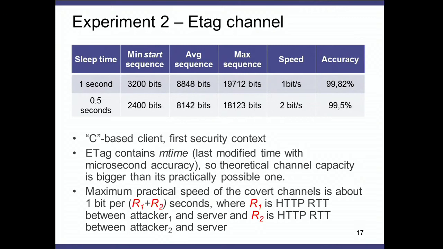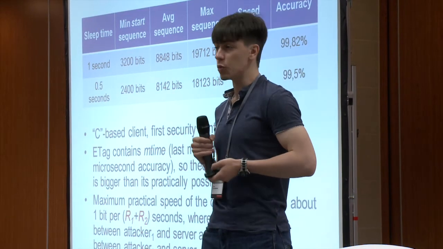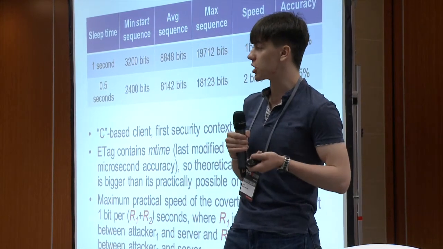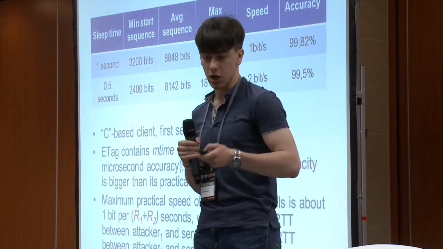R1 is the time when attacker 1 gets the server, and R2 is the same for attacker 2. Well, speed is not impressive again because the speed of updating the cache headers by default is on average half a second, 1 second. In order for us to use it more effectively, we need a quicker updated cache channel.